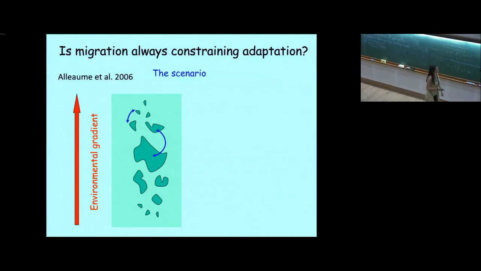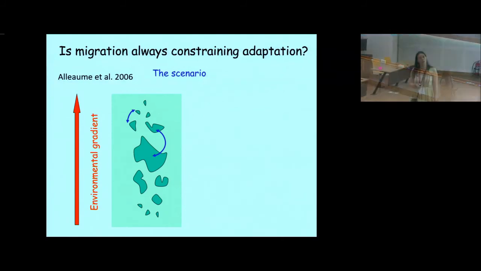So we consider a slightly different scenario where we consider this time more like a species that would be distributed along some environmental gradient with different patches. And this could be a species range with large population in the center of the range and smaller population at the margin of the range. And the question was, if we play with the same kind of scenario as previously, we assume that we've got some migration throughout the range.